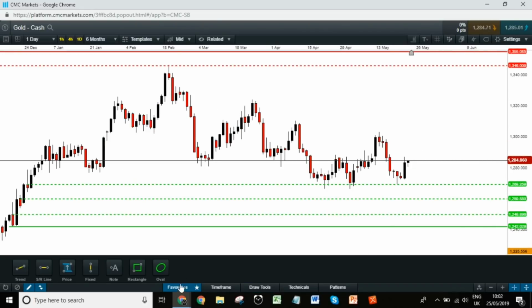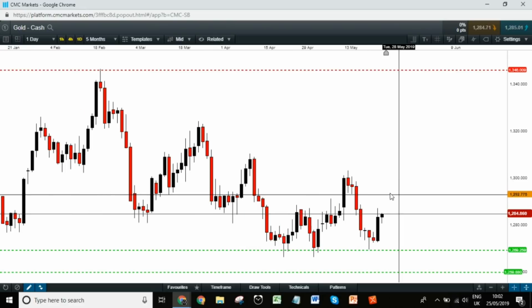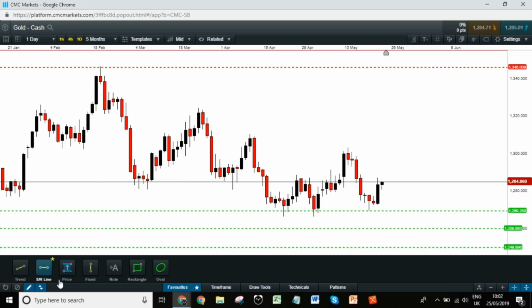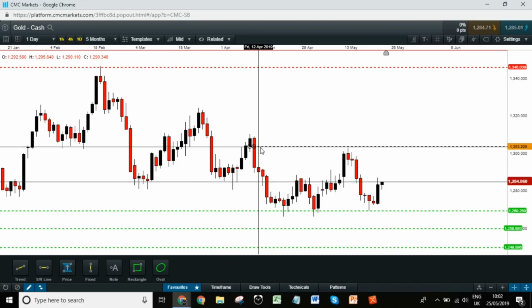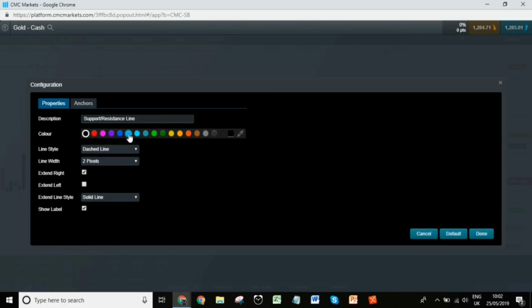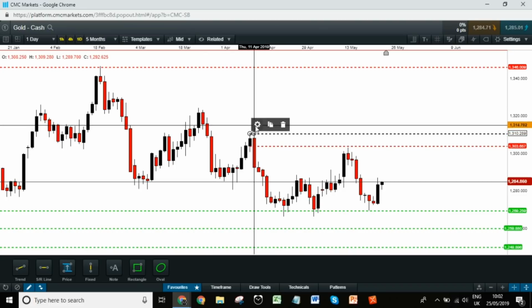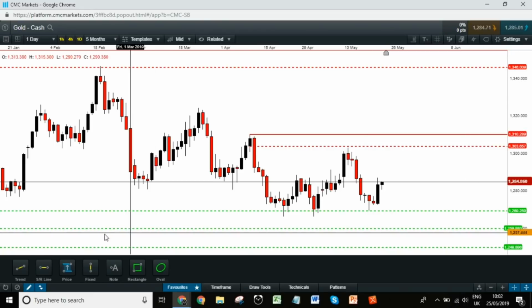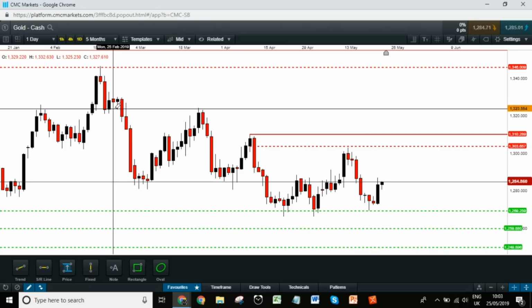Okay, so now looking at gold, let's see what we've got in terms of supply levels to play with. Got one that's already been activated here.